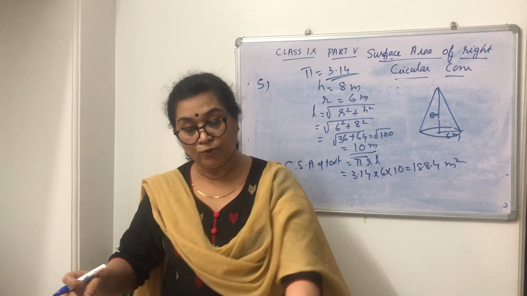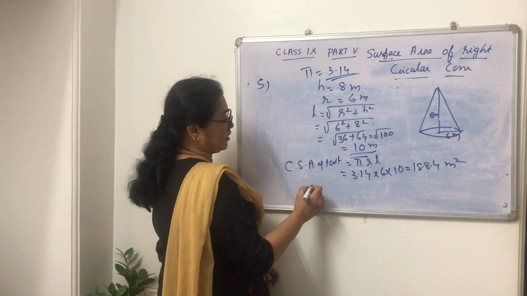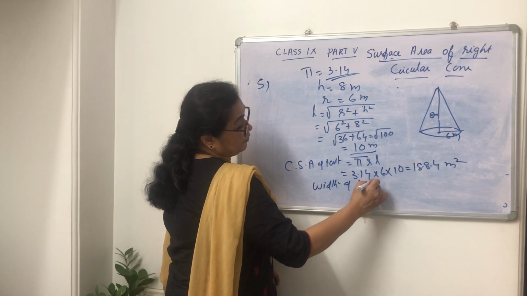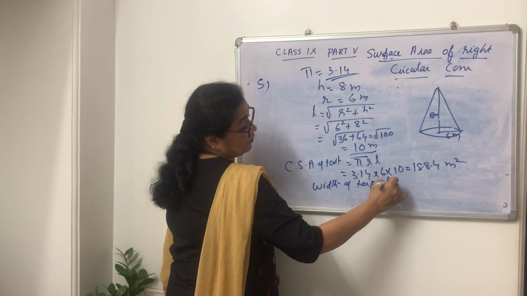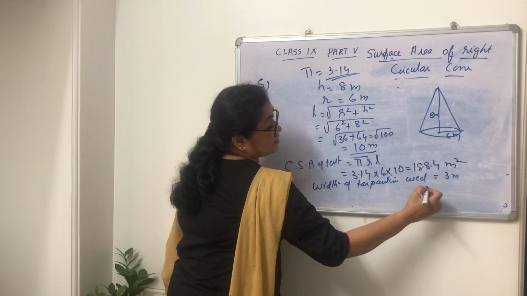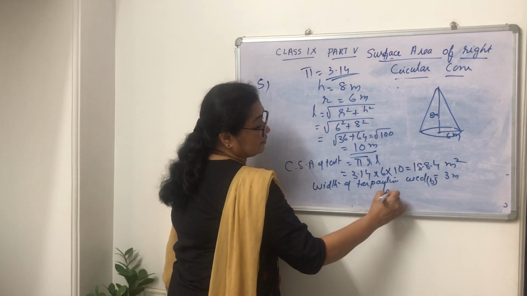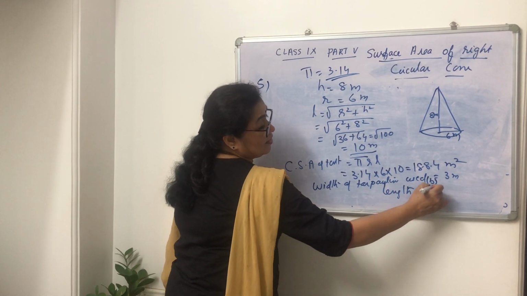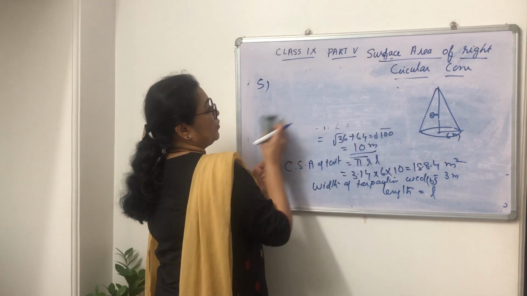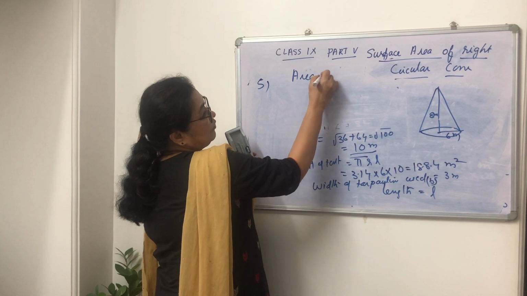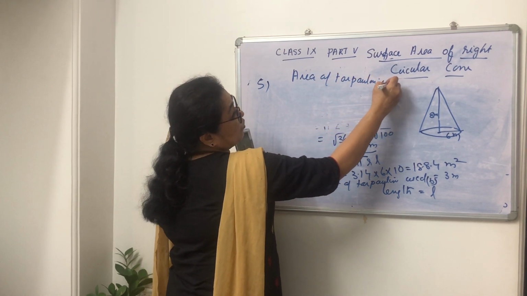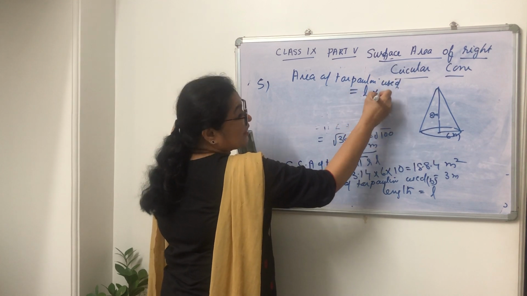Width of tarpaulin used is 3 meter, that is B. The length you have taken as L. Then the area of tarpaulin used is L into 3.